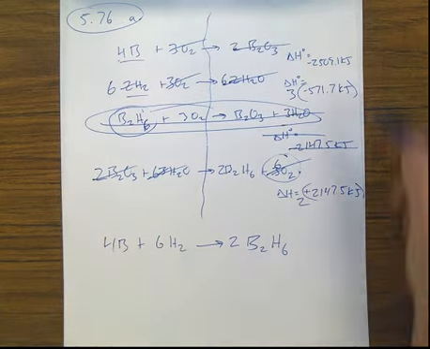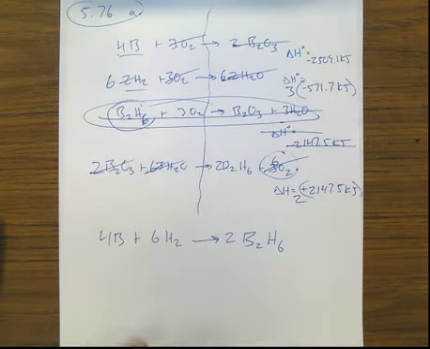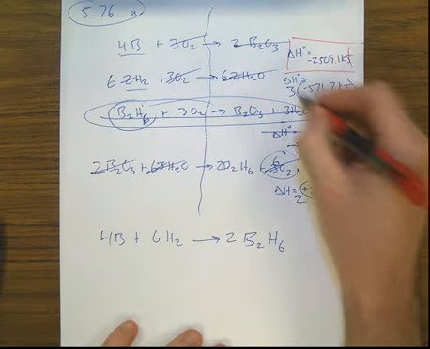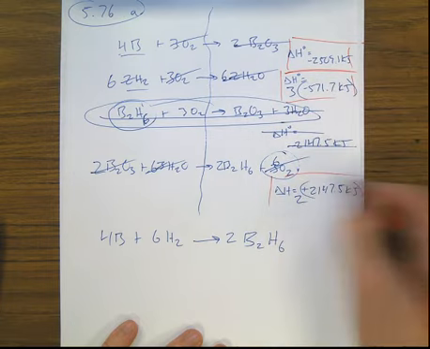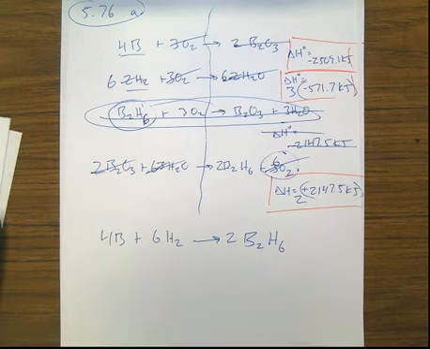I'm going to add all of these together. Let me take out a different color here since it's starting to get a little messy. I'm going to add this to this to this. Don't forget to multiply by what you multiplied those equations by. So I get that out.